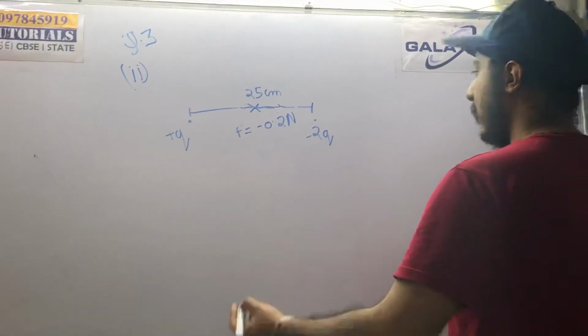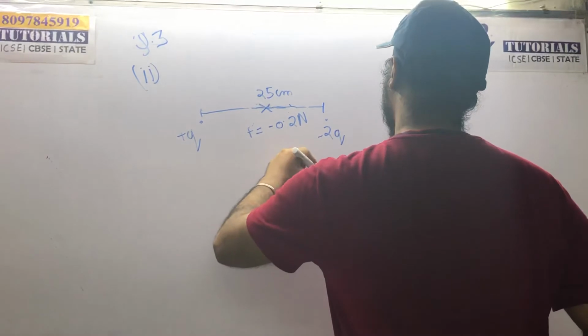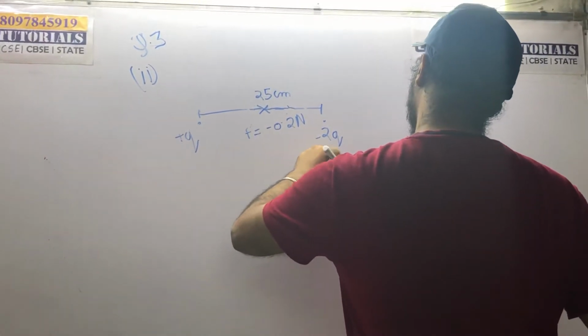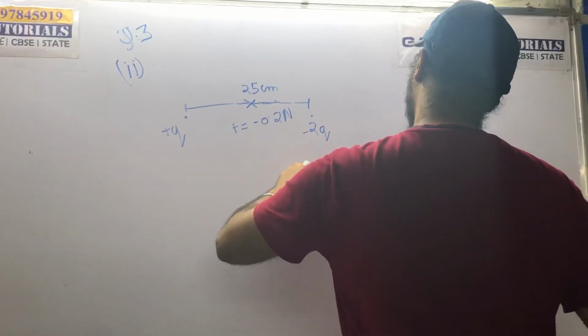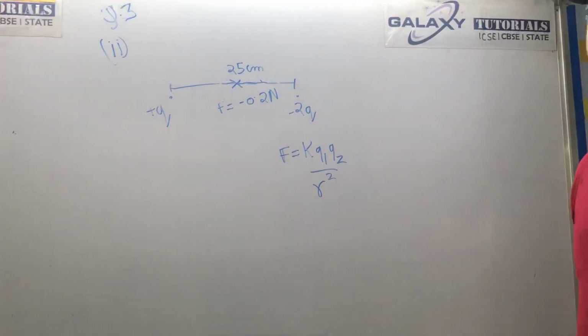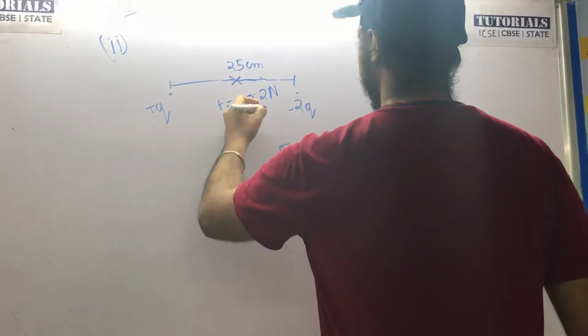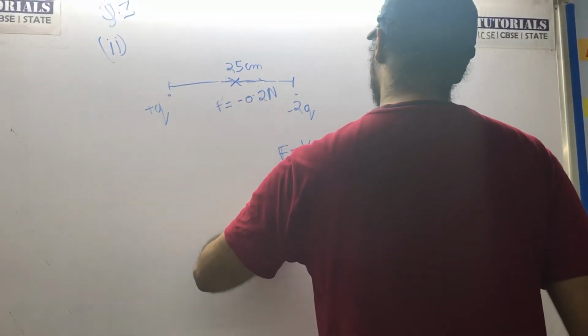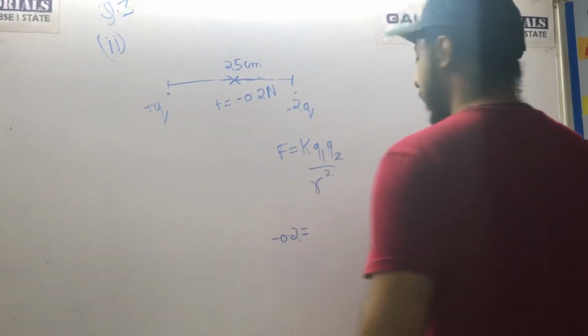Okay, so you know the Coulomb law. It's quite a simple question. F is equal to k q1 q2 upon r square. You all know that. What is the value of F? You already know, F is minus 0.2. k is how much?